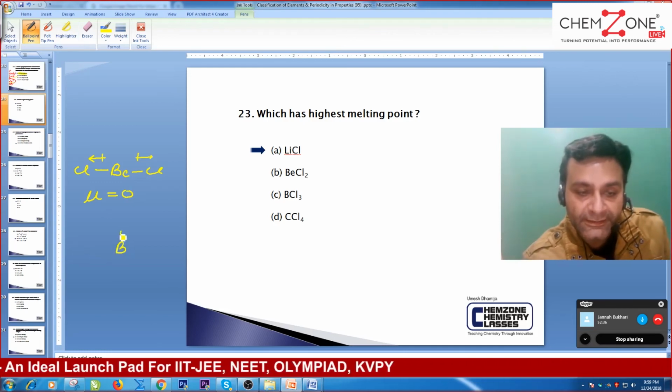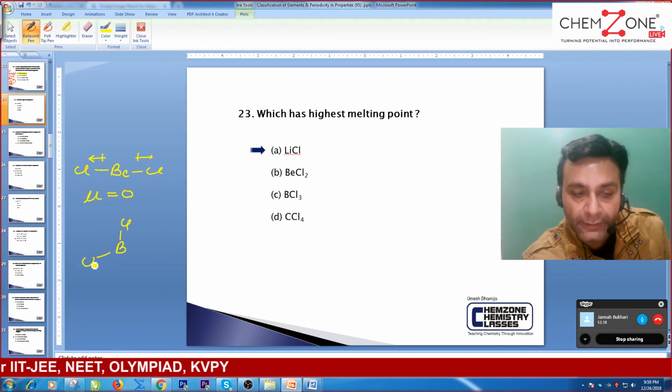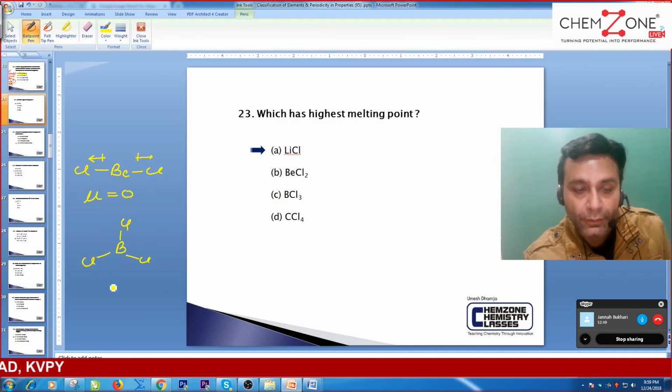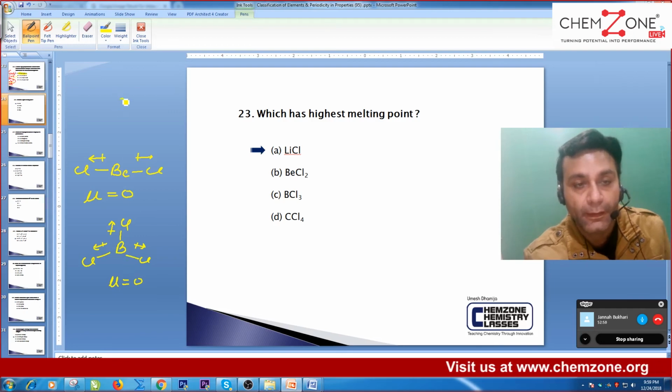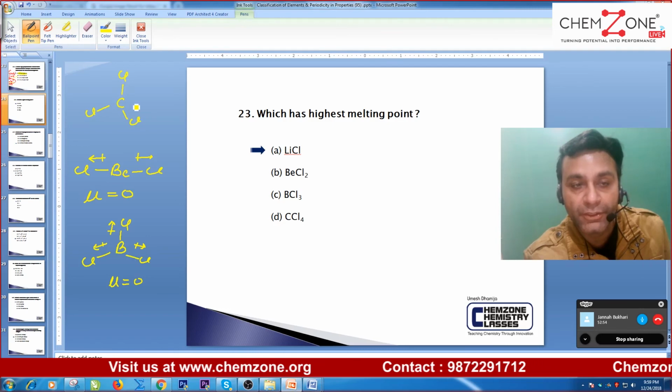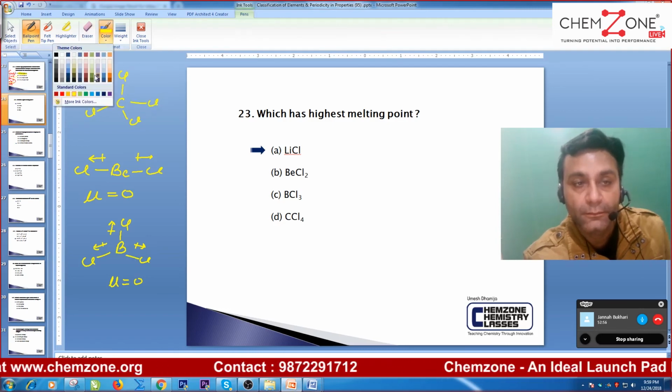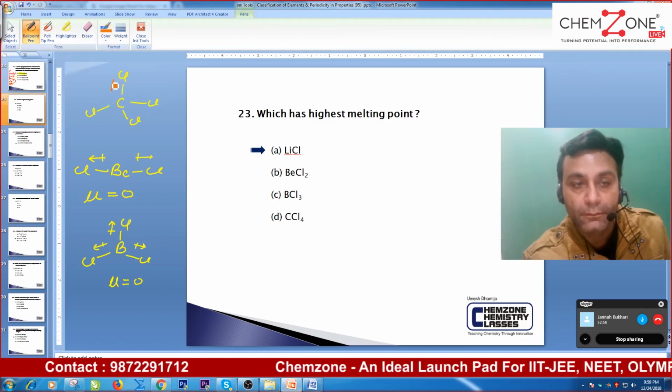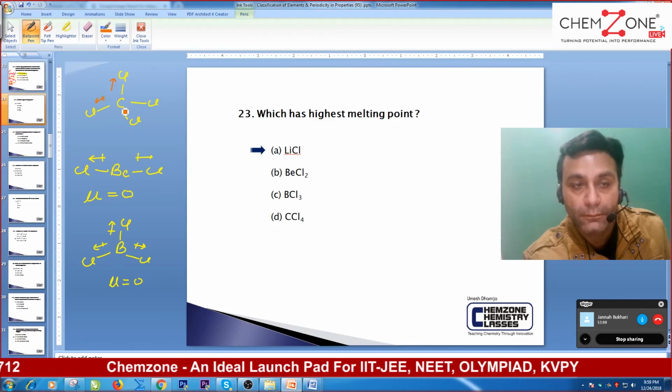BCl3 is a symmetrical molecule like this, so again the dipole moment is equal to 0 because it is being pulled from all the directions. And carbon tetrachloride is also being pulled from all the directions with the same force.